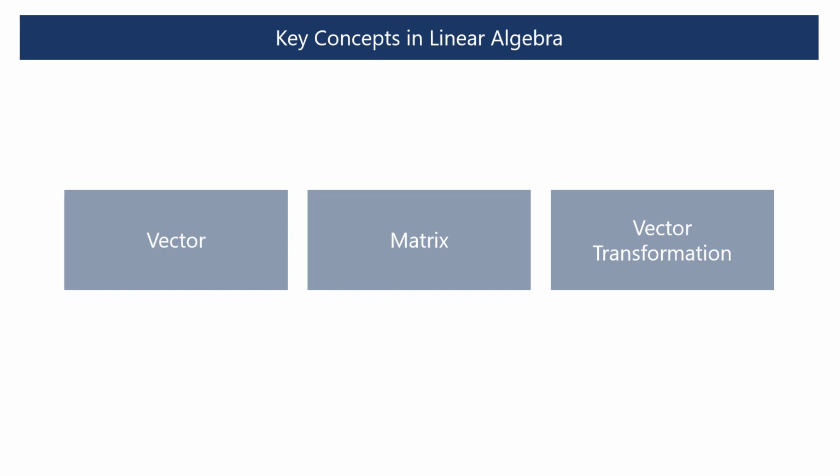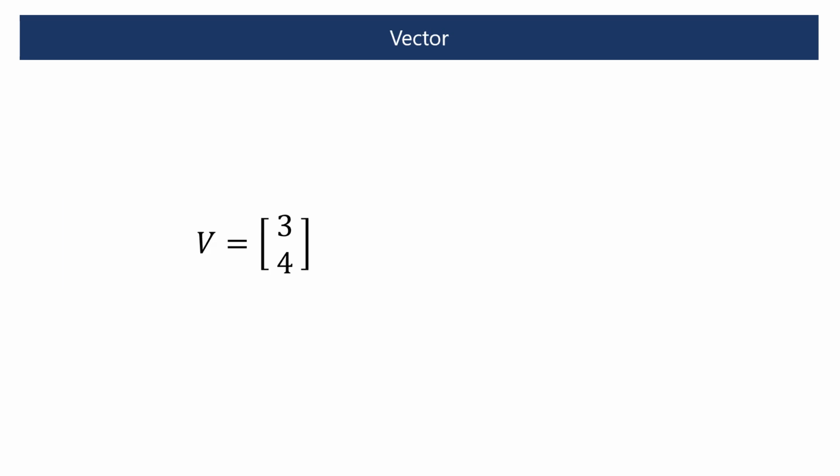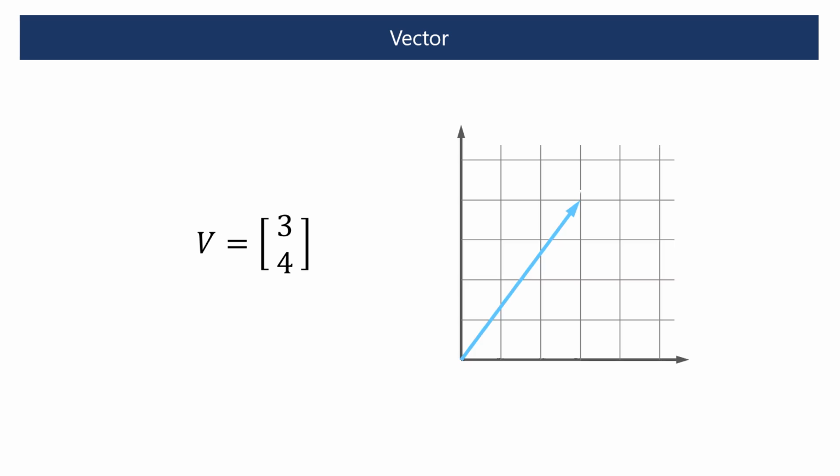Next, let me introduce some key concepts other than vectors: matrices and linear transformations. First, let's discuss vectors a little more. Put simply, a vector is an ordered list of numbers. These numbers can represent anything from spatial coordinates to variables in equations. Geometrically, we can regard a vector as an arrow pointing in a particular direction, with length or magnitude.